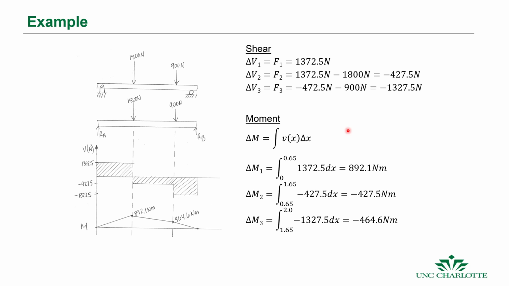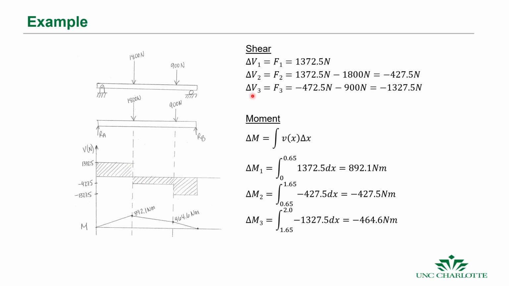All right. So just an example, the change in shear during the first section here, delta V, is equal to the applied force, the point force here from the reaction. The change in shear in the second section is what it was minus the point load, so it drops in shear here.